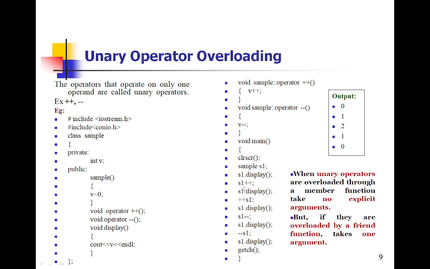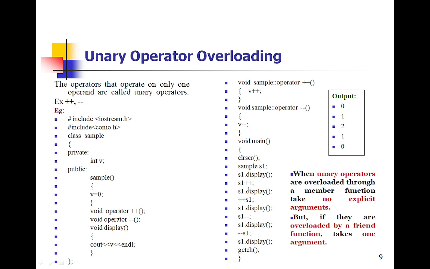So for s1 plus plus, the display function will display the actual original value, 0 and then 1. Initially it is declared as 0. I forgot to include the display function here, but it just displays whatever the value is. Then the object value is increased by plus plus.